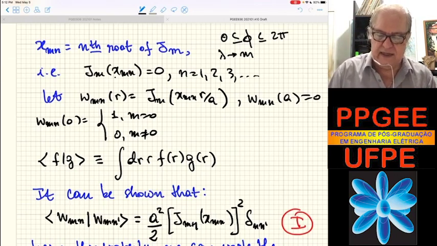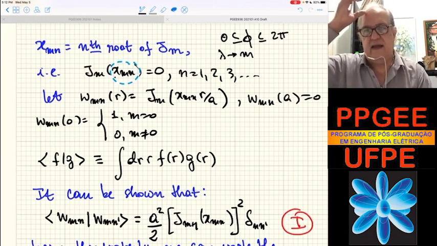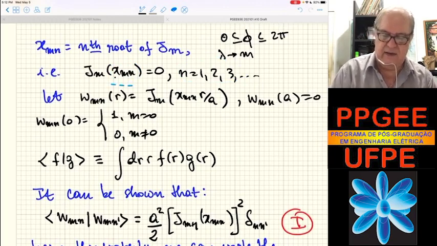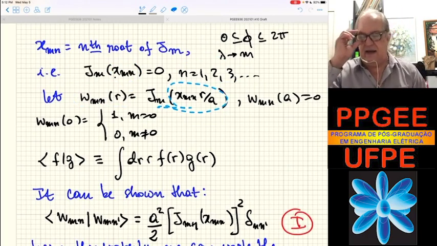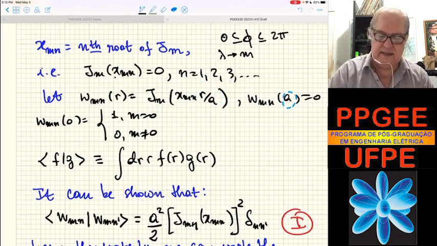So let's call x_mn the nth root of J_m, ordered like this, n equals 1, 2, 3, and so on. We're going to call this function J_m of x_mn r over a, which when r equals a has a root.